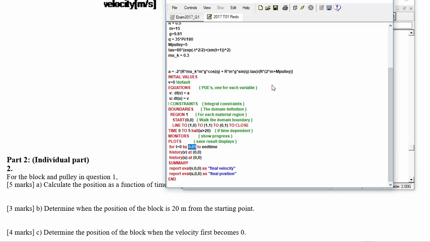For Flex, in order to figure out when this first has a velocity of 0, we're going to change our halt condition to v is less than 0, and we're going to go to a larger value here.